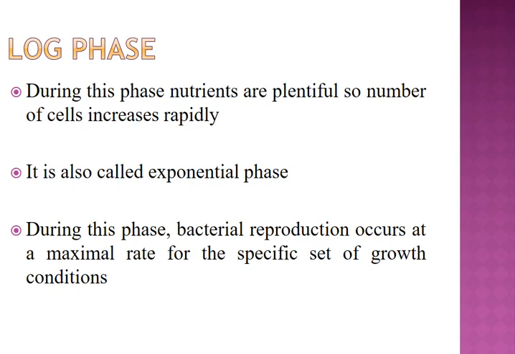They will uptake nutrients rapidly and grow very fast. During log phase, their growth rate is maximum. They will uptake nutrients and grow at their maximum specific growth rate because nutrients are plentiful. This phase is also called an exponential phase.